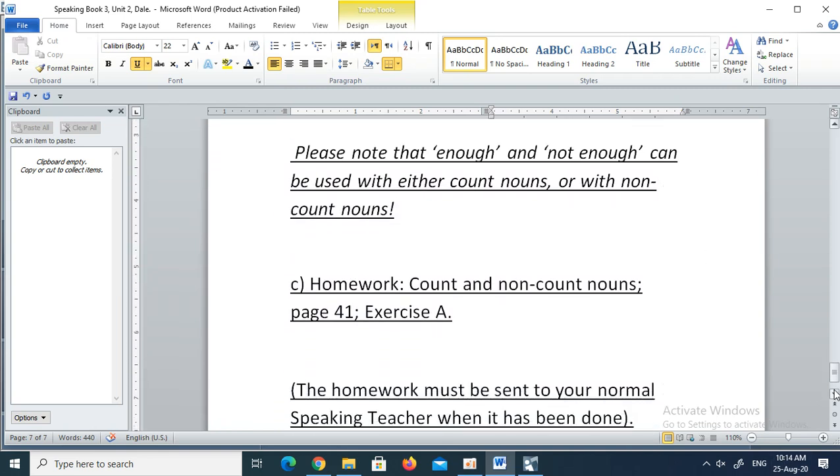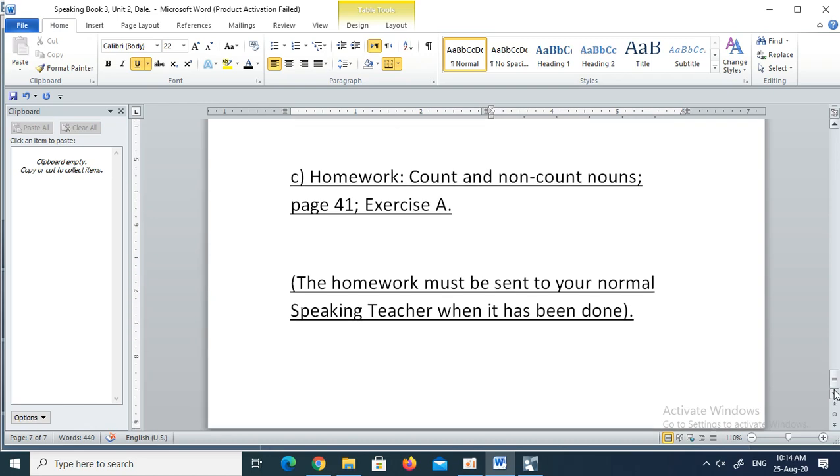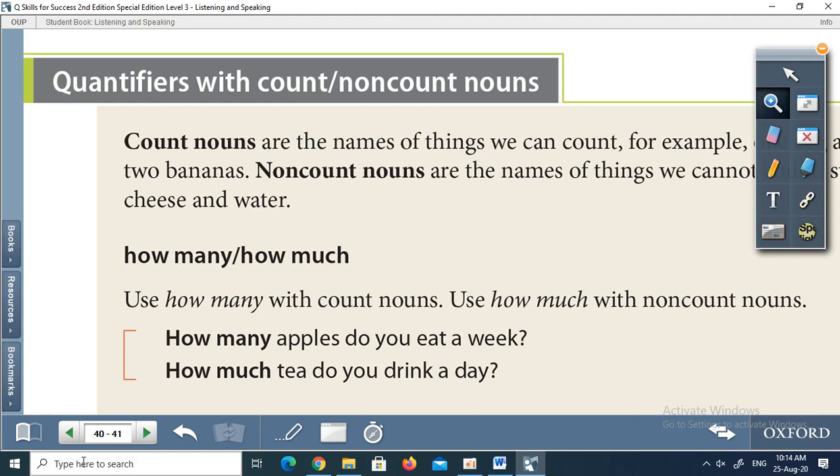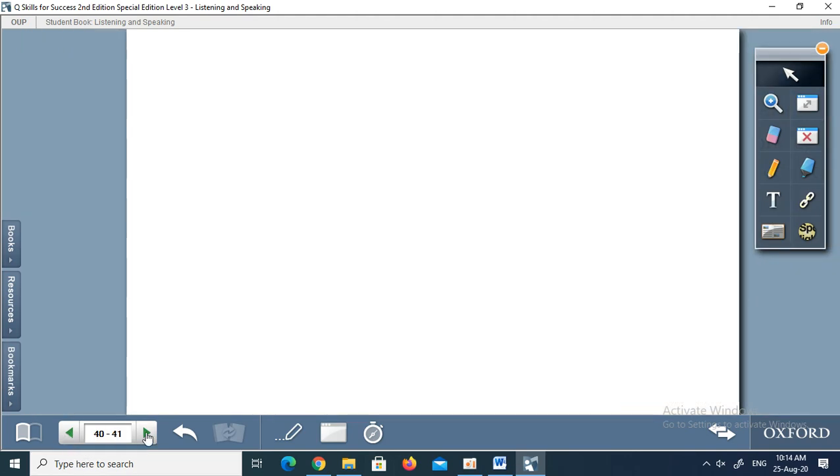Okay. Now, let us have a look at the homework. The homework is on page 41.